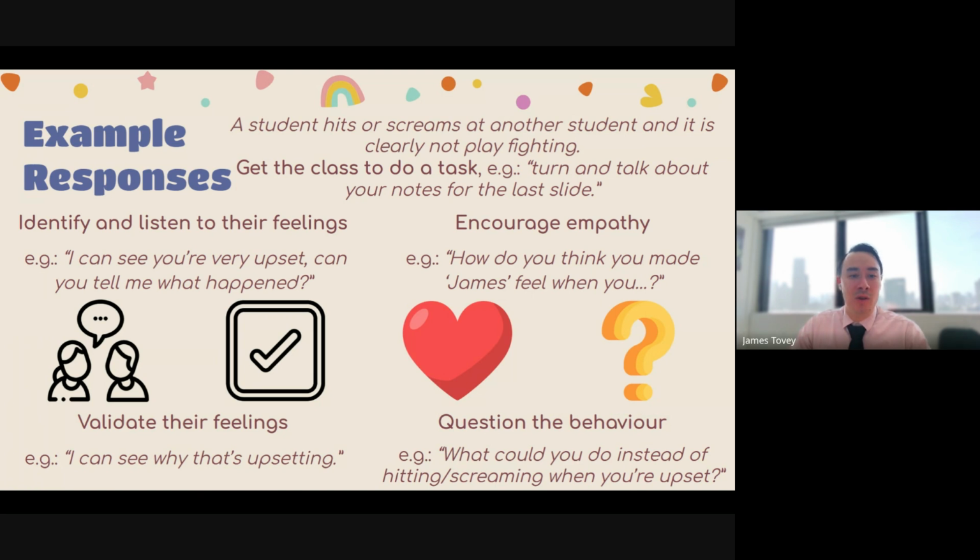It's not about punishing the student who hit or teased the other student. It's about educating them on how to control their emotions better, be more mindful and empathetic towards their peers, and do better with their behaviours in the future.